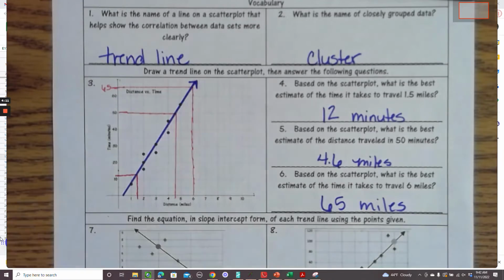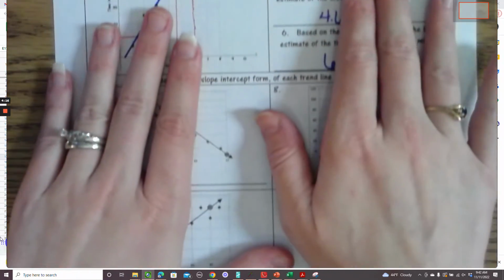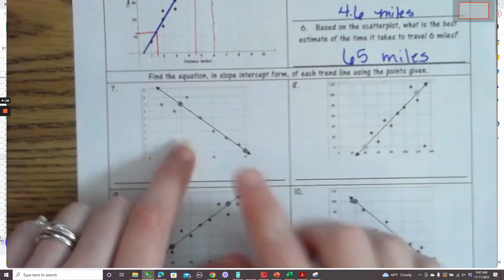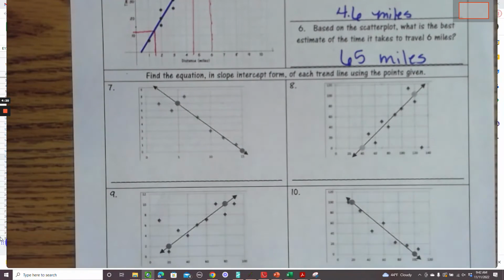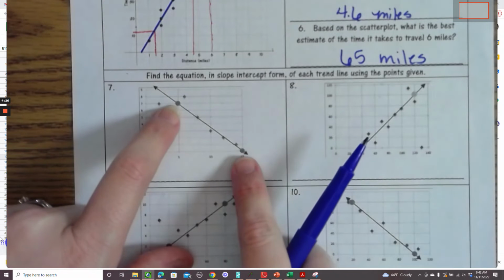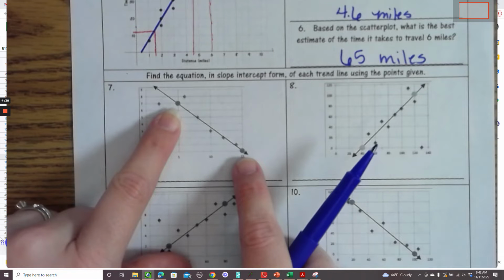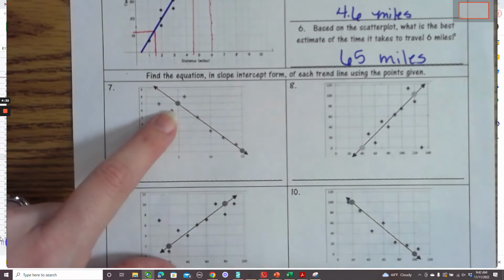All right, your part today, you're going to write equations for trend lines. Here's how we do it. They've given you a scatter plot and 2 points. It's these big round points that are on the line. You're going to use those points to write an equation. The first thing you have to do is name those points.